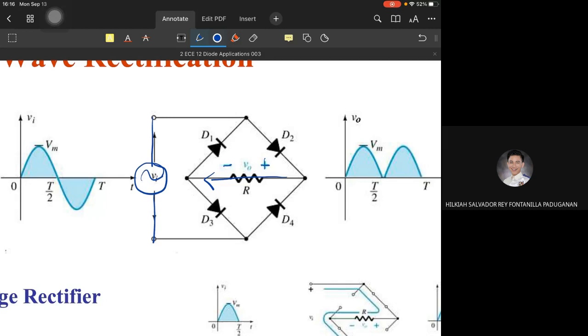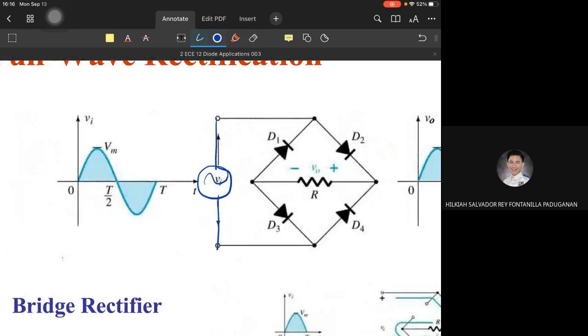Current should always flow in that direction so that current can flow through the load. So remember that our source looks like this. One part positive, the other part negative.